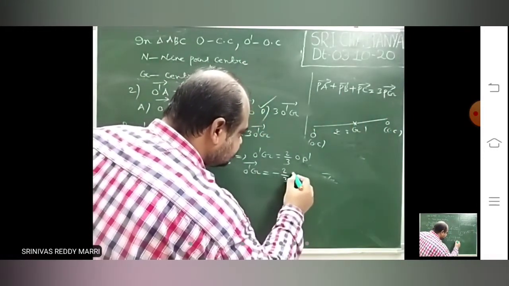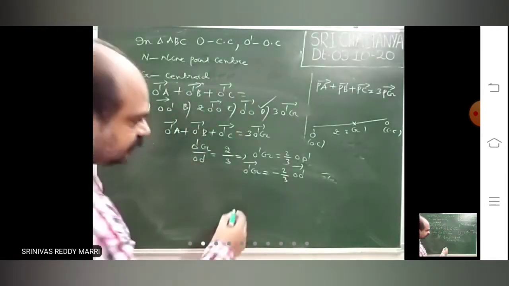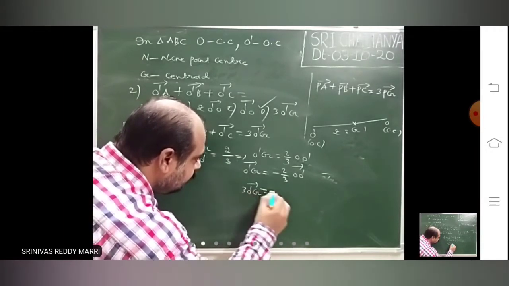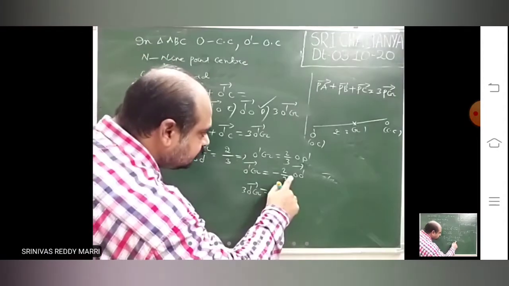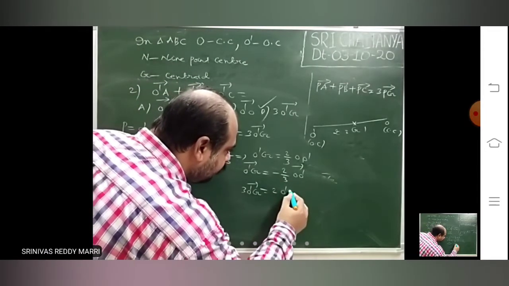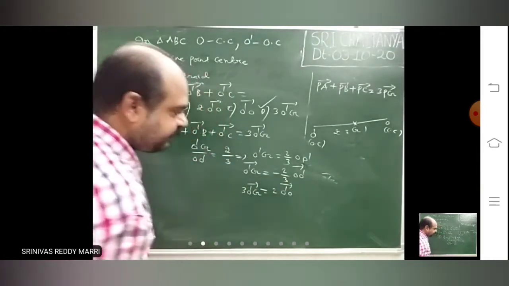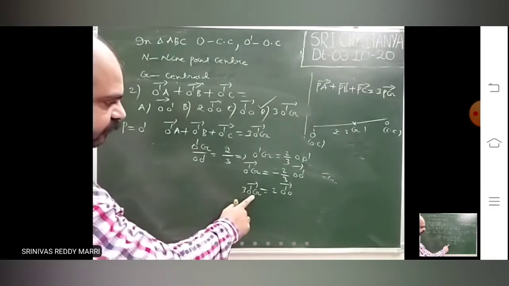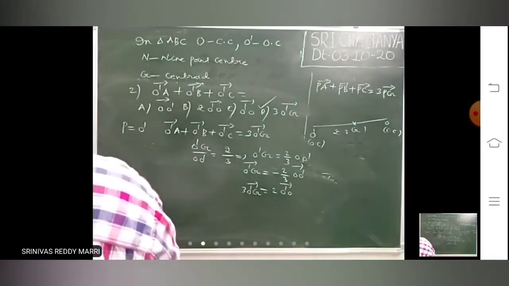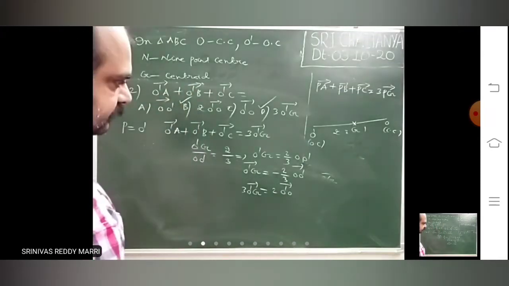If you are writing like this, therefore 3 bring this side. 3 O dash G bar equals, this minus eliminate means you write 2 into O dash O bar. So minus of minus O dash O bar means plus. So 3 O dash G bar is nothing but 2 O dash O bar. So 2 O dash O bar, this is correct.